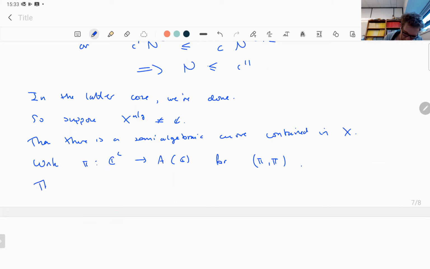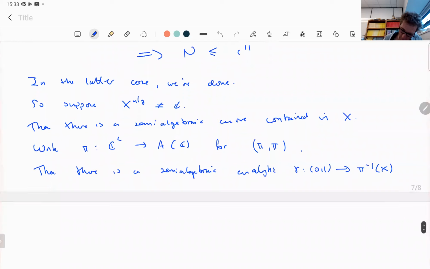So then there is a semi-algebraic, real analytic, non-constant curve gamma.